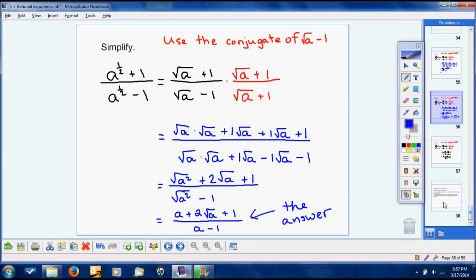Now your job is going to be to work on the assignment. You probably have about 10 minutes left in the period. If for whatever reason you need to go back at this point and look at a part of this explanation again, feel free to rewind it.